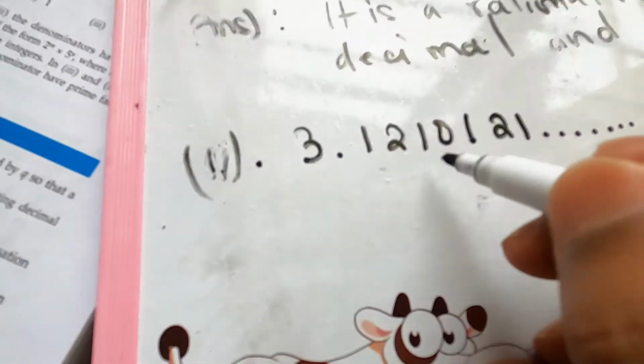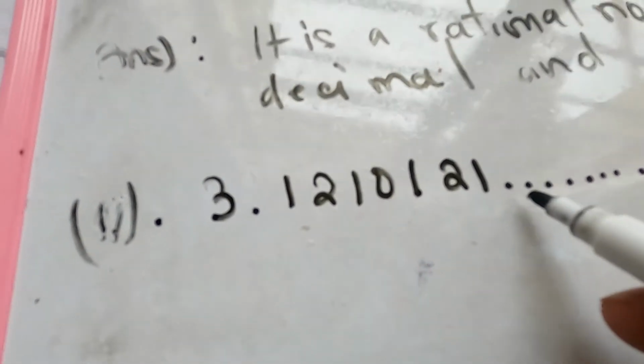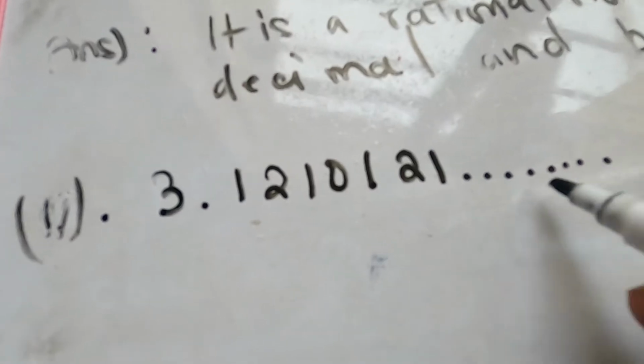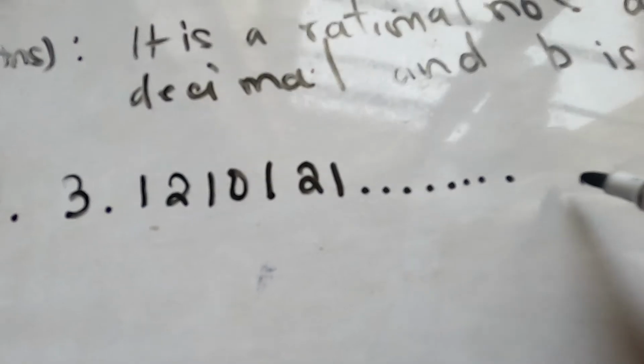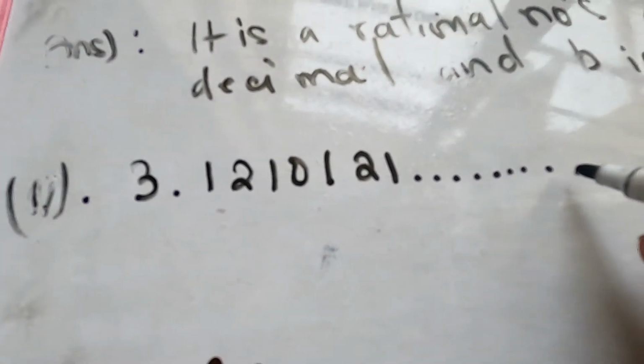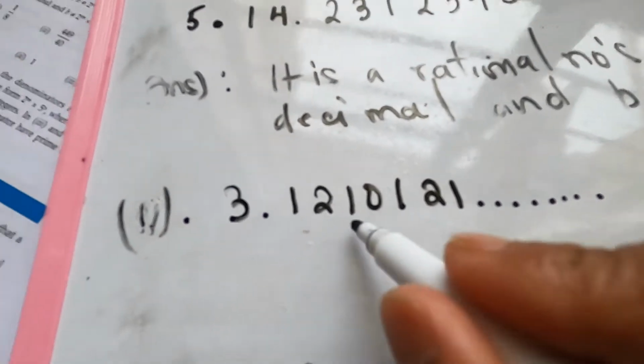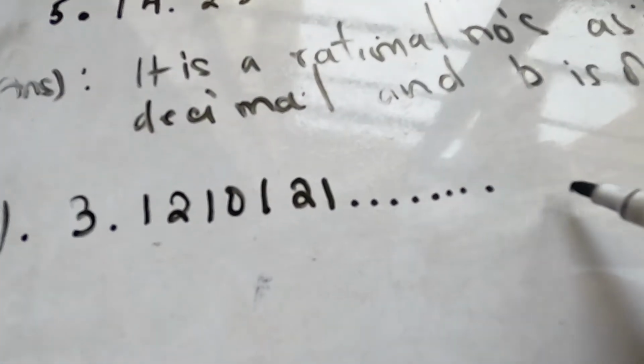Here we can clearly see that it is a non-terminating, non-repeating decimal. It simply means that it continues on forever. It has no ending. Even if we die, this number will not have any ending.